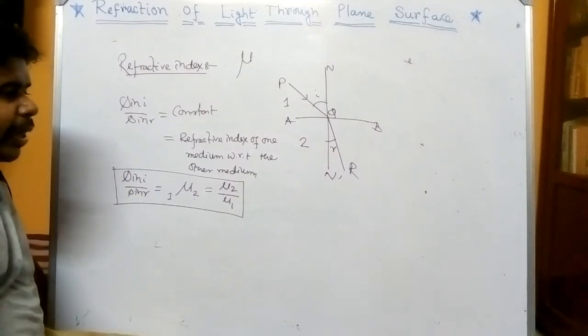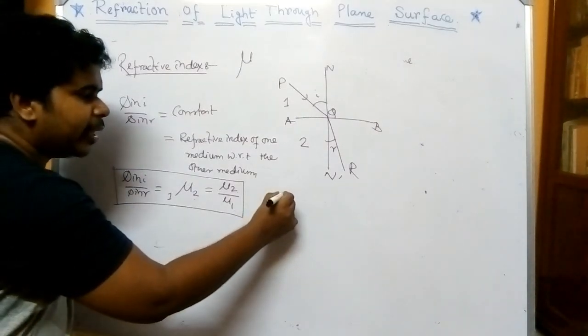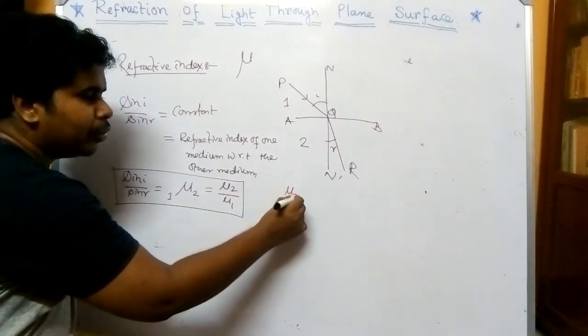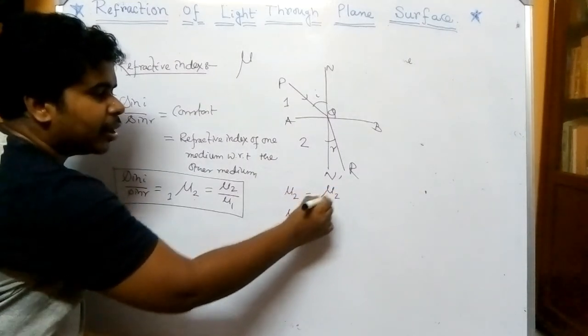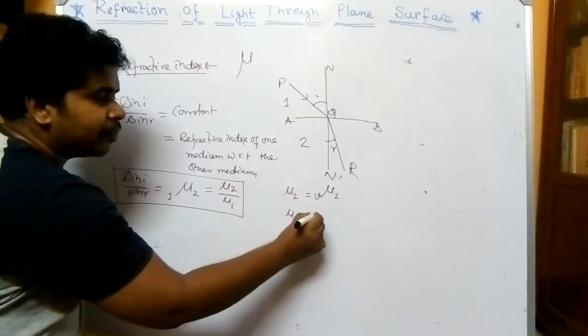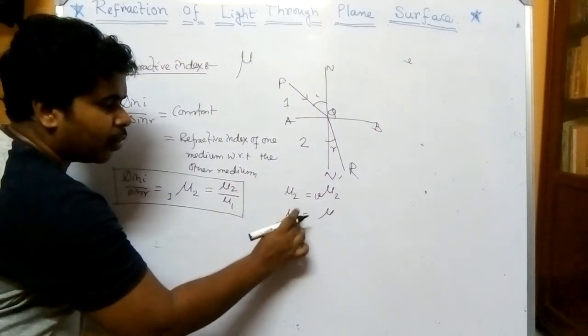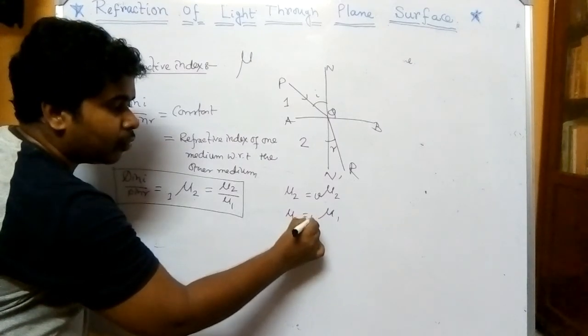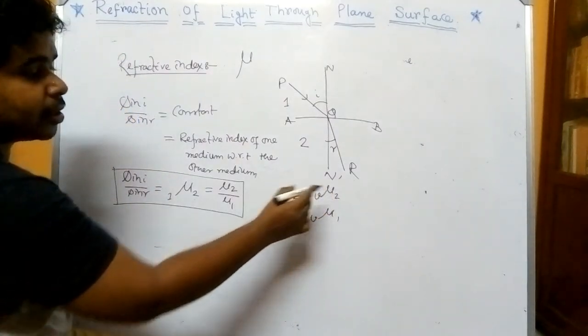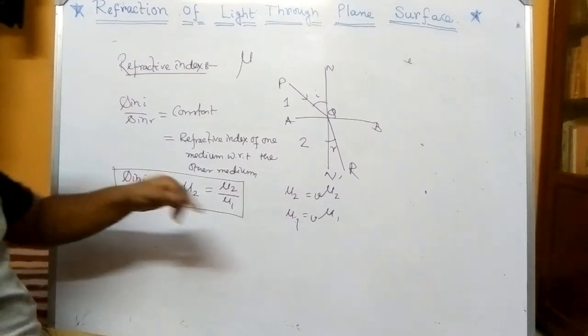Generally, whenever you mention any refractive index like μ2 or μ1, it is measured with respect to vacuum. It means μ1 is the refractive index of medium 1 with respect to vacuum, and μ2 is the refractive index of medium 2 with respect to vacuum.